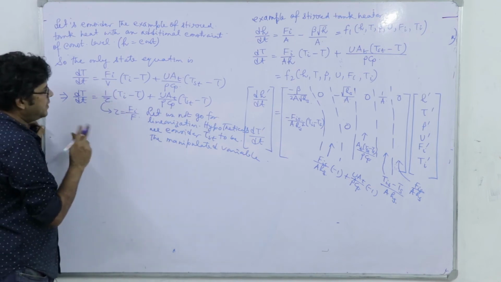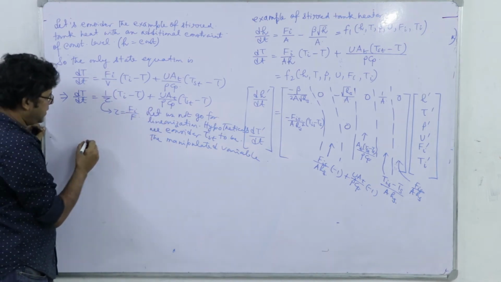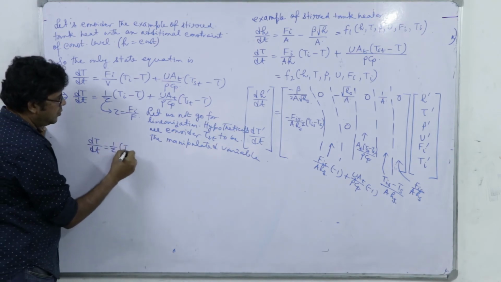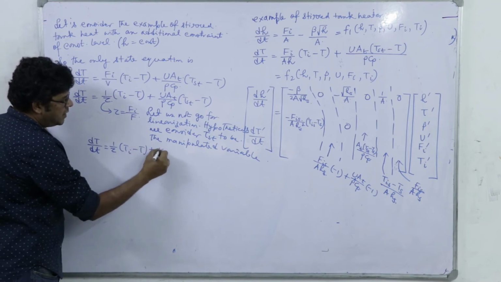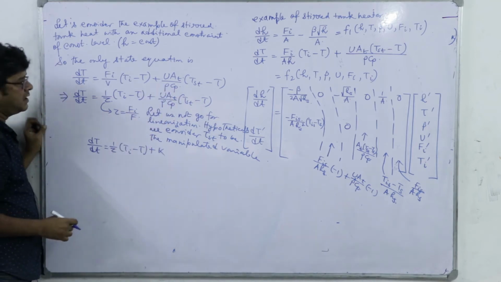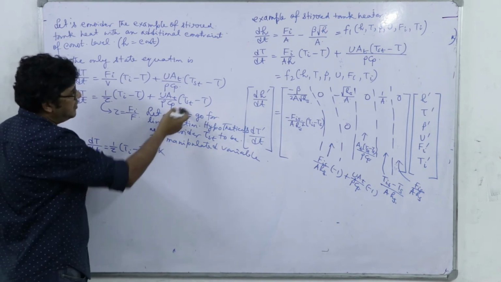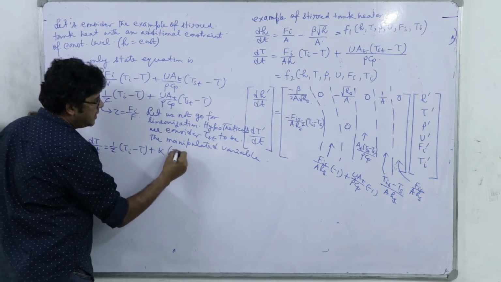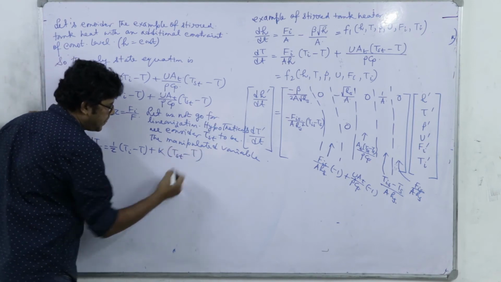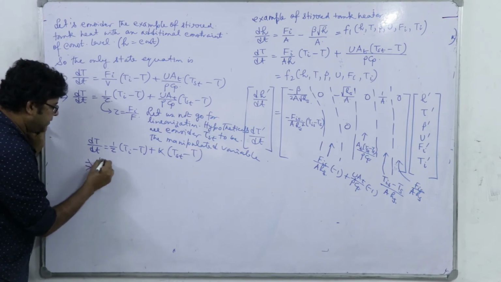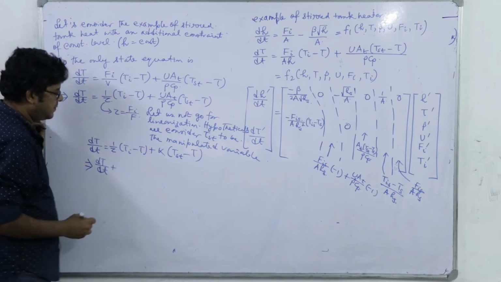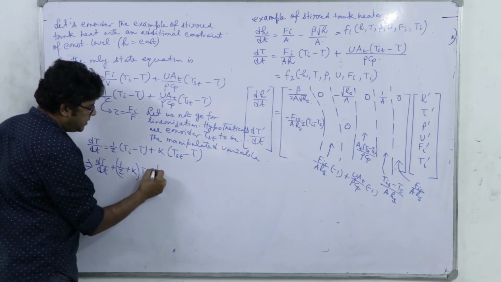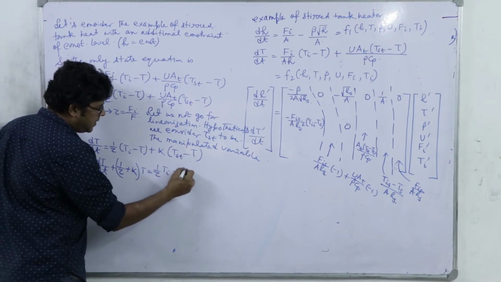So, if this is the case, we further write dT/dt equal to 1 by tau (Ti minus T) plus k (Tst minus T). Everything is lumped into a constant k, because U is no longer a manipulated variable; hypothetically we have considered Tst to be the manipulated variable. So, dT/dt plus (1 by tau plus k) T equals 1 by tau Ti plus k Tst.